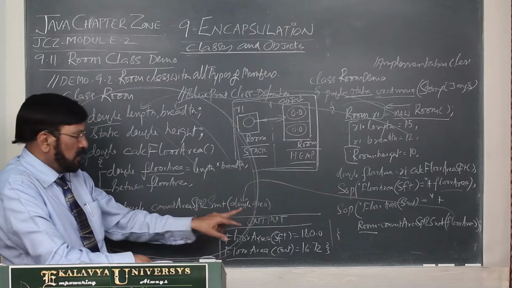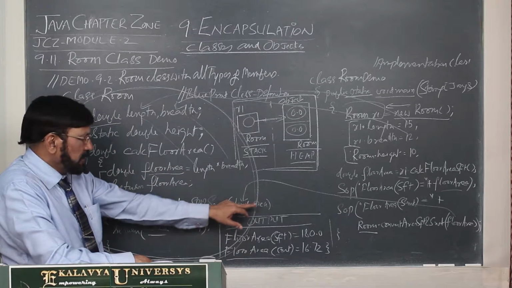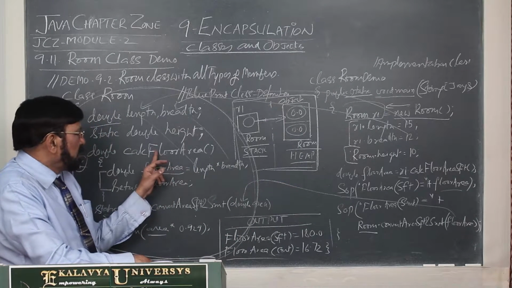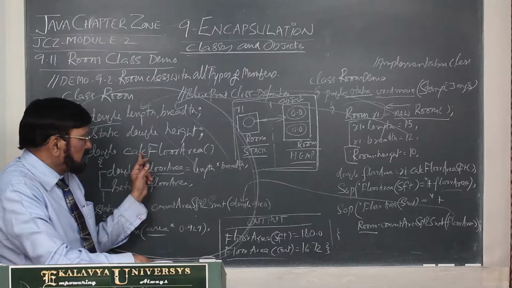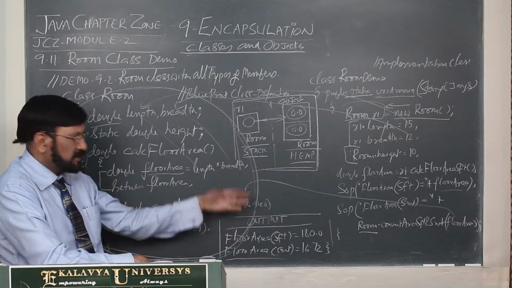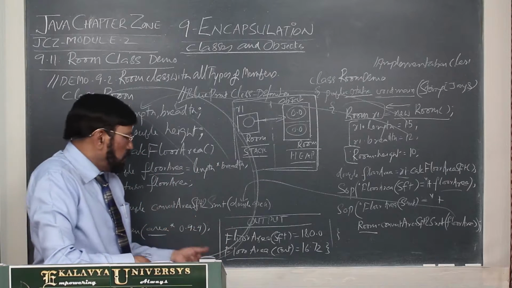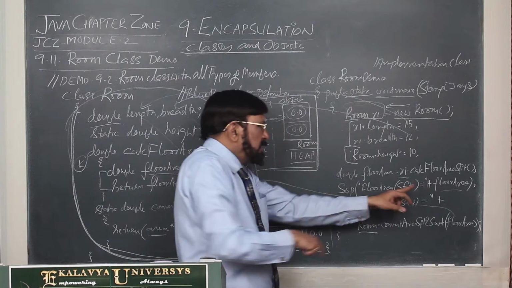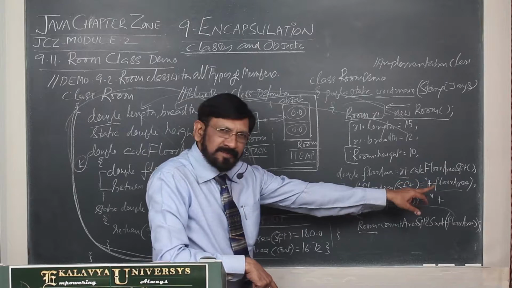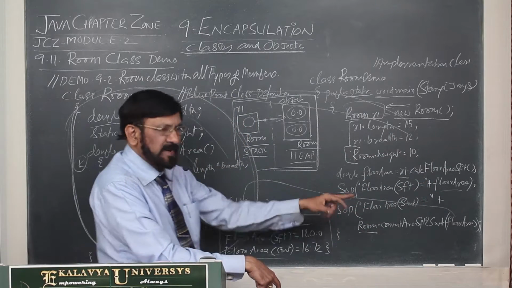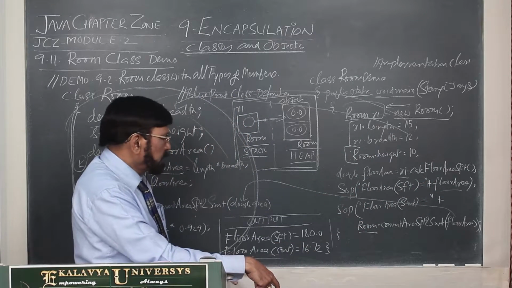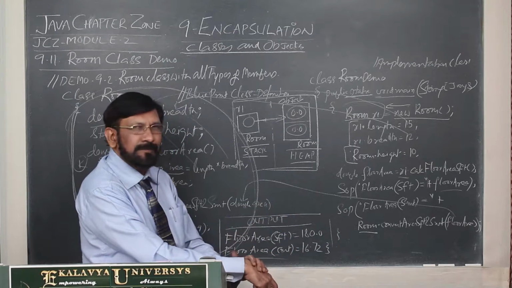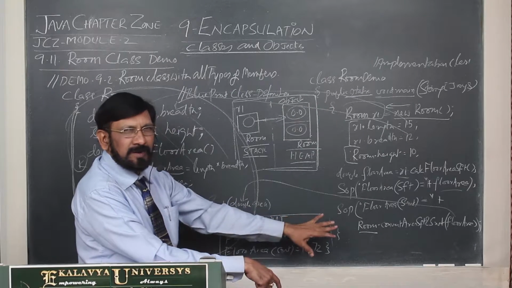Just a simple clue I am giving: instead of receiving it from there, you can directly call this method from here as a parameter, and then it supplies that. Okay. Now, as a result, the area in SFT is converted into the area in SMT, and because of this SOP statement, it is written. So this is the implementation class.